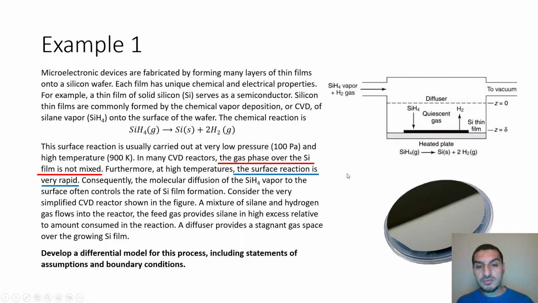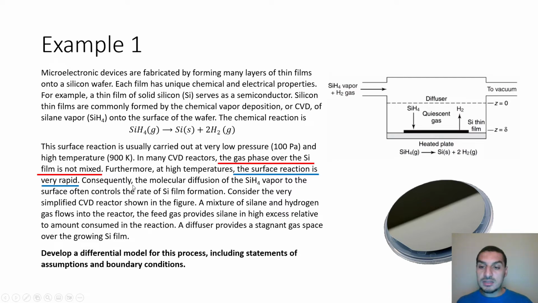The second piece of information here is that the surface reaction is very rapid, and this is something that we talked about in the boundary conditions before. We said that a very fast reaction means that the concentration of the reactant at the surface is 0.